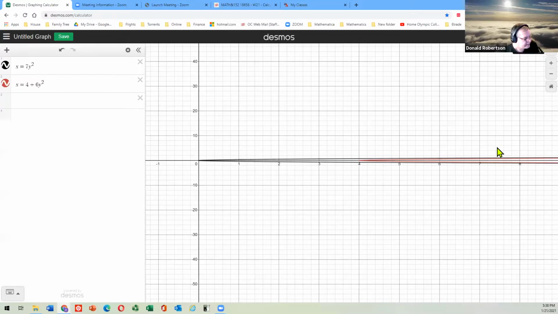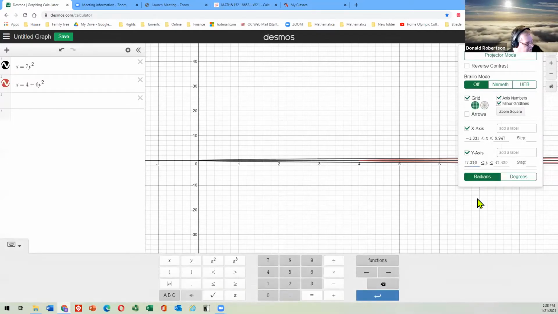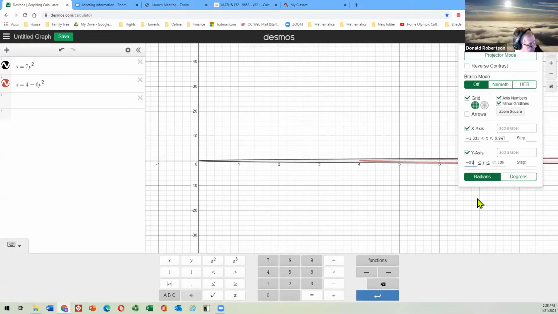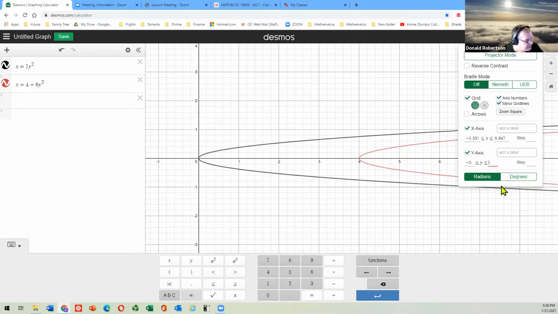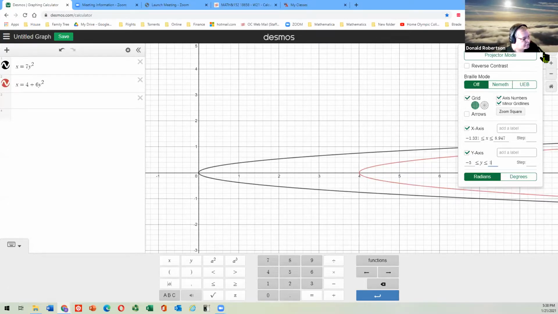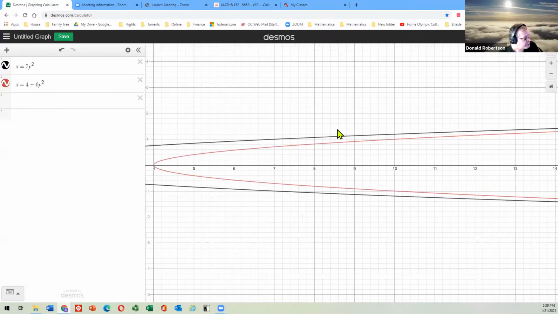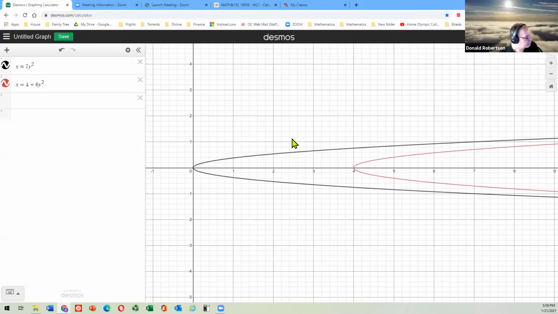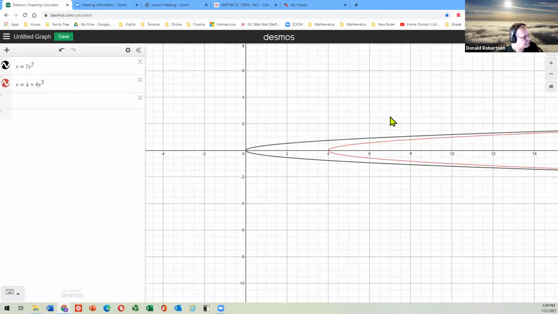So let's go back in and play about with some scales. It's obvious that the y values are huge, and I don't want them to be that huge. So I'm going to reduce these to 5 and -5 and see how that helps. Okay, let's have a look. That's a bit better. It looks like I probably don't need quite as much as that.